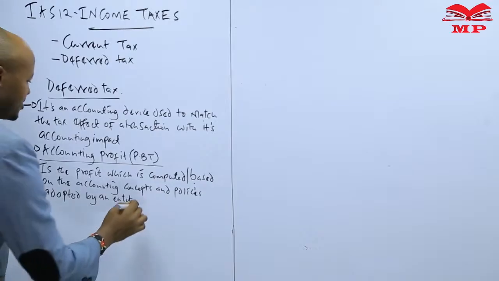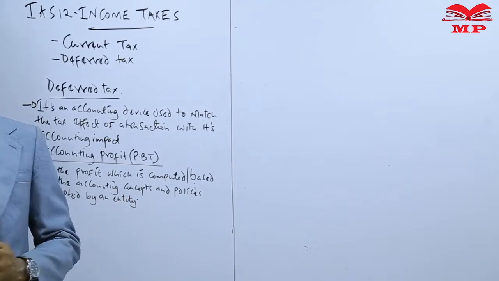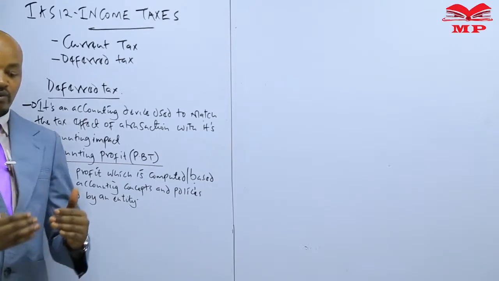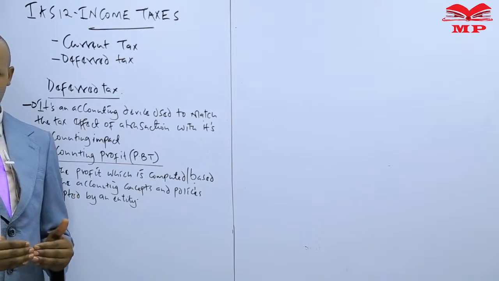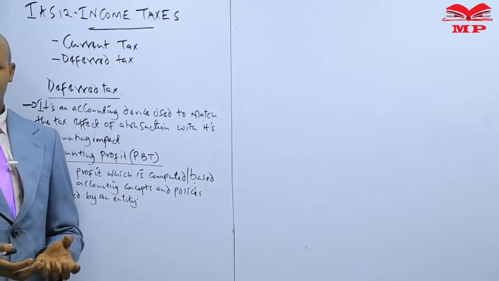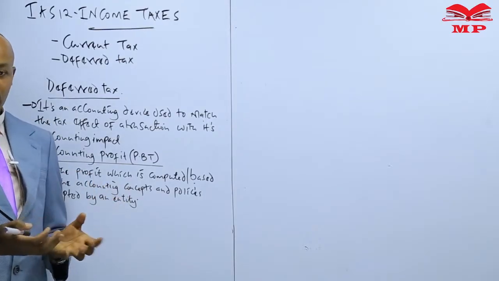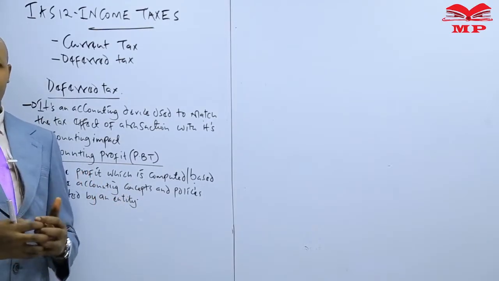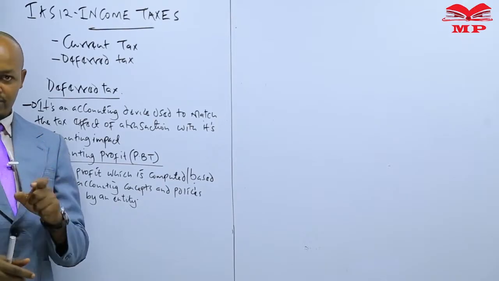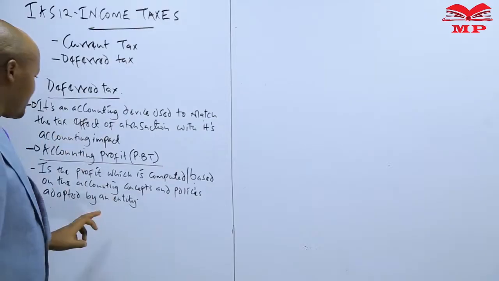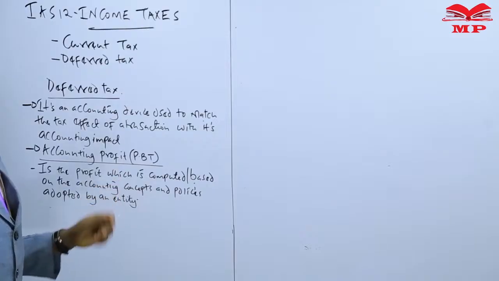What that means is that whenever we compute this particular profit, the accounting profit, we take all the incomes of a business and then we less all expenses, meaning that the incomes which we take into account may be taxable incomes or may not be taxable incomes. We still less all expenses, which may be allowable or disallowable. So that profit which is reported by an entity after preparing the income statement, we refer to as accounting profit.